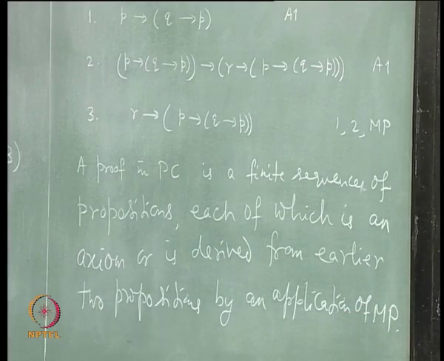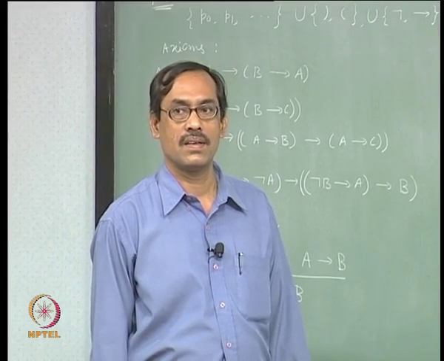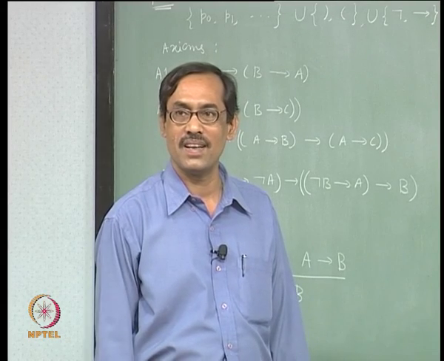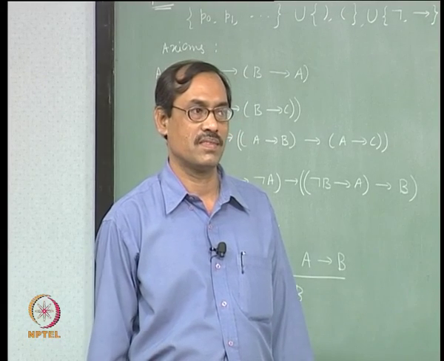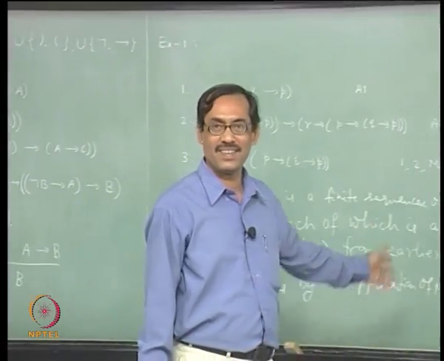Is it clear? So what is a theorem in PC? What you obtain is a theorem, right? So it is the last proposition in a proof. So that will be our definition now. It looks funny, but that is what we are doing.